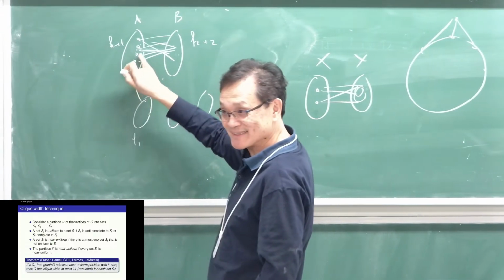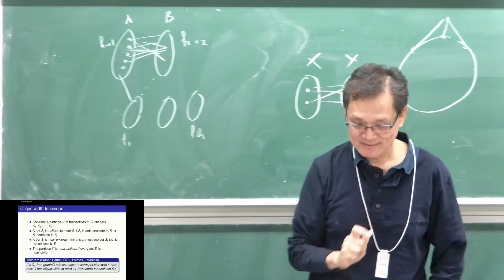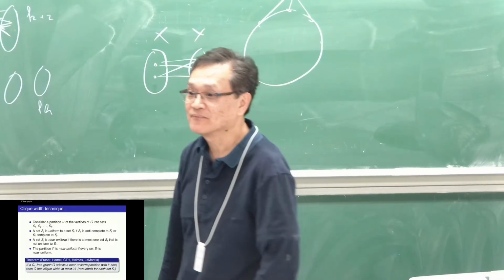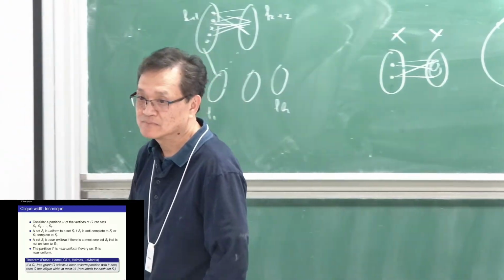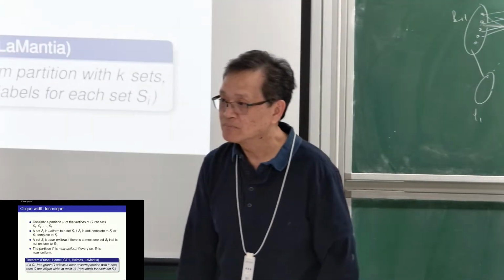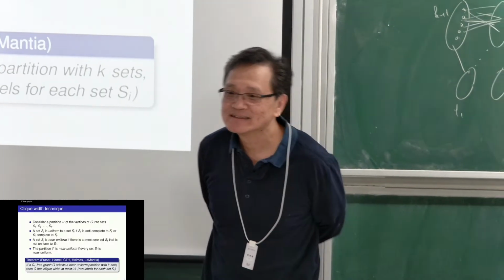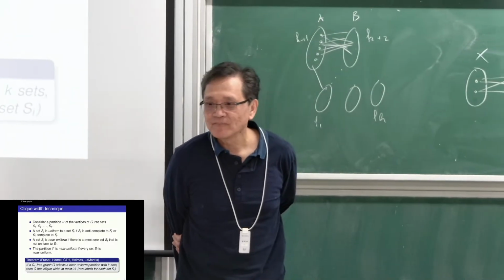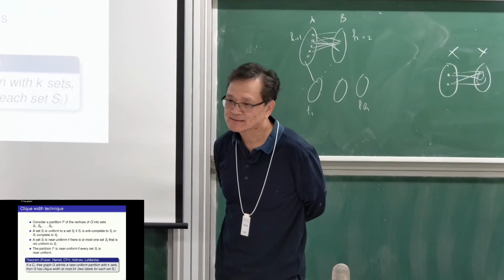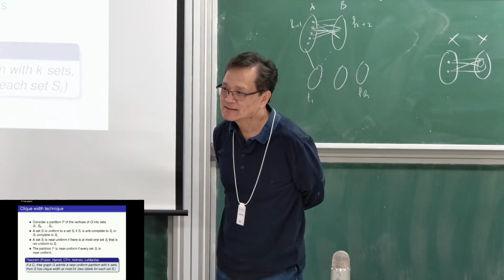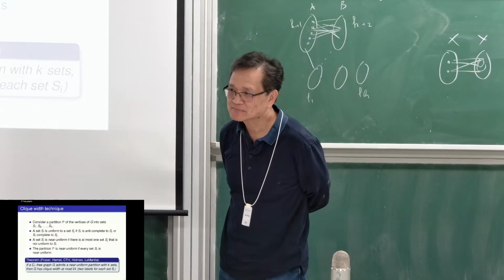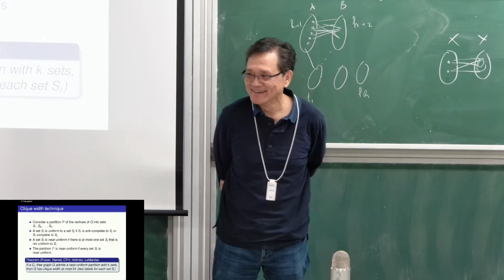So I build these vertices first. Maybe the twin width is even bounded. Bounded clique width implies bounded twin width, right? Yes, that's true. So this implies it.